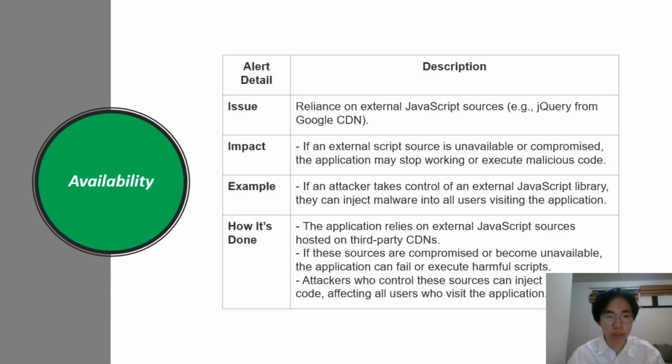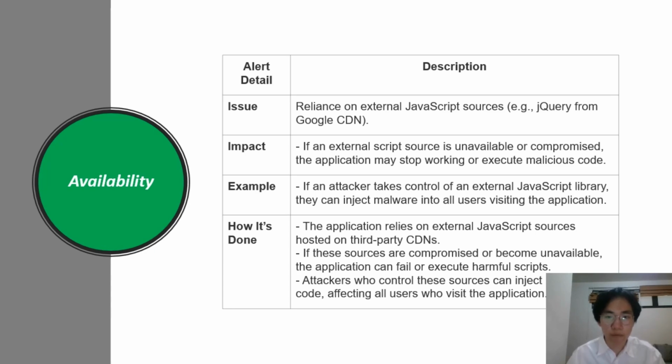And for the next, availability: the application depends on external JavaScript resources like jQuery from Google CDN. If this resource isn't available or gets messed with, it might make the application crash or run bad code.